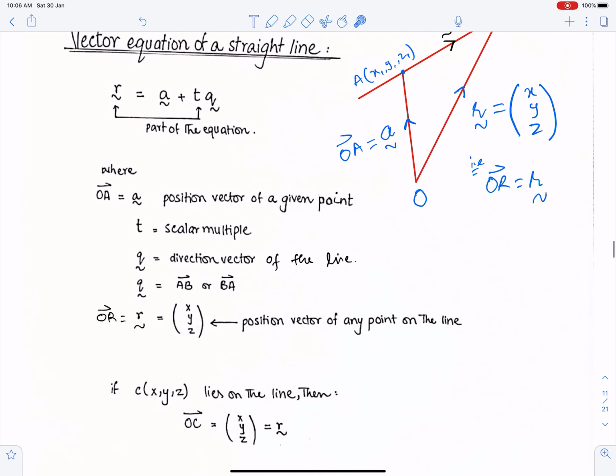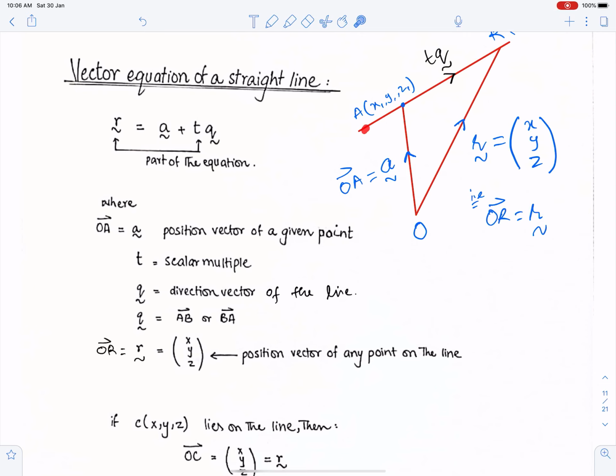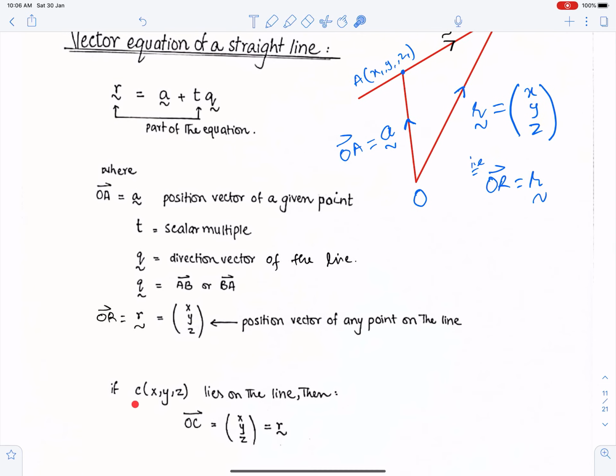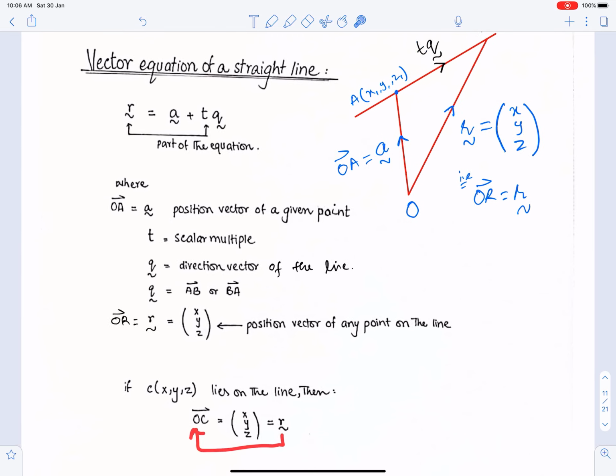If C is unknown, maybe here, then the coordinates of C will be x, y, and z. So if C is unknown and it lies on the line, then R will be replaced by OC. This is very important.